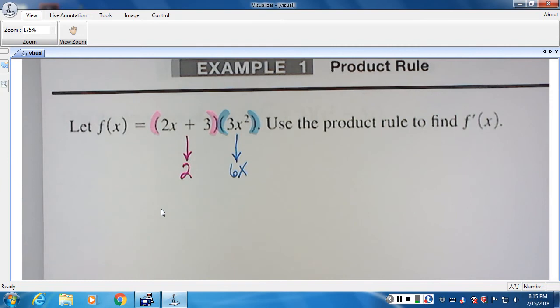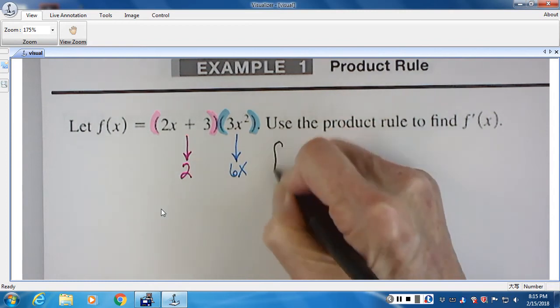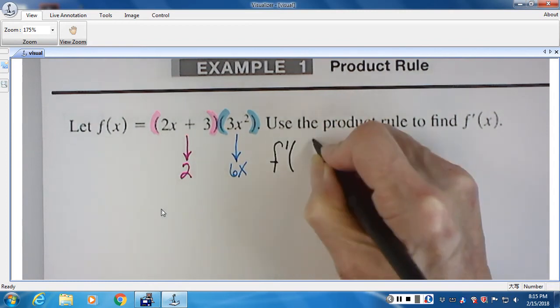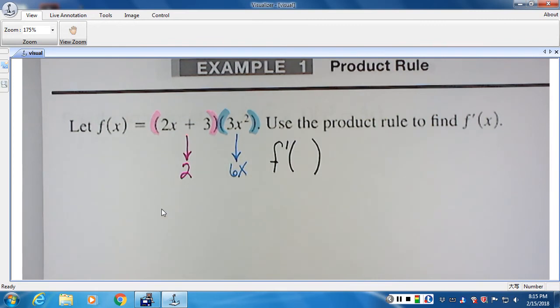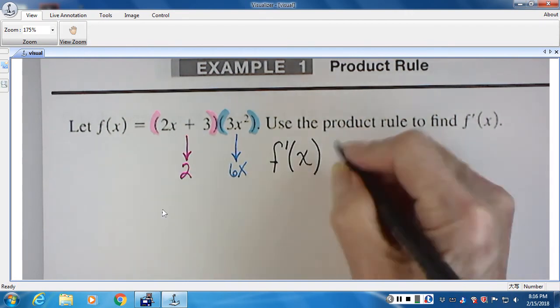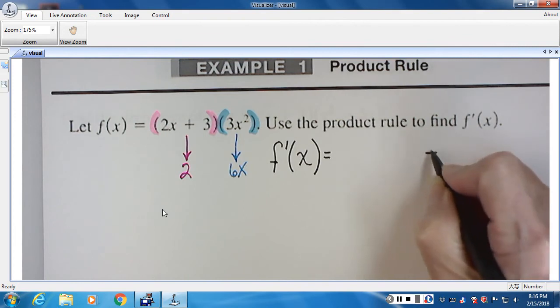Now this is what the derivative rule says to do. To find f prime, when you're finding the derivative of the product of two factors, one of the things that you're going to do is you're going to be adding up some pieces.